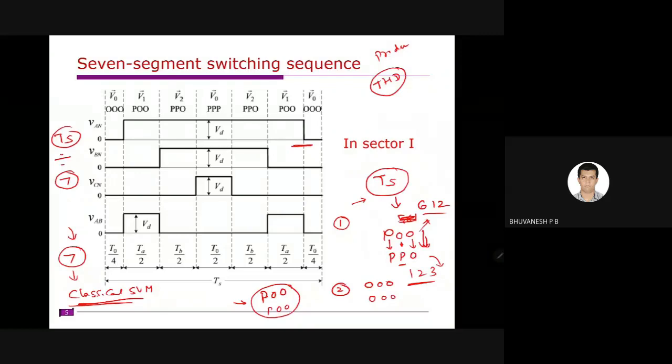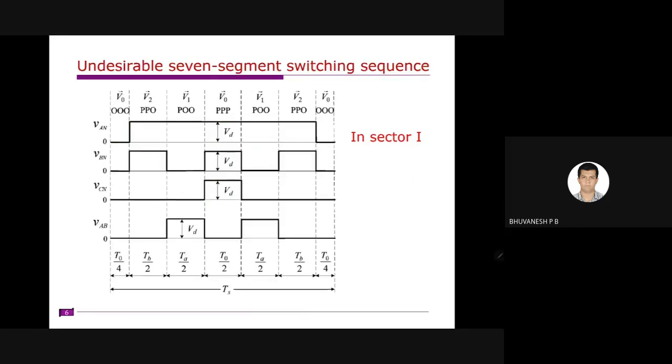This is A phase voltage, this is B phase voltage, and C phase voltage, right? If you notice, in A phase there is only one change. In B phase you have only one change. In C phase you have only one change. If you follow some other pattern, you may get, for example, this same thing.